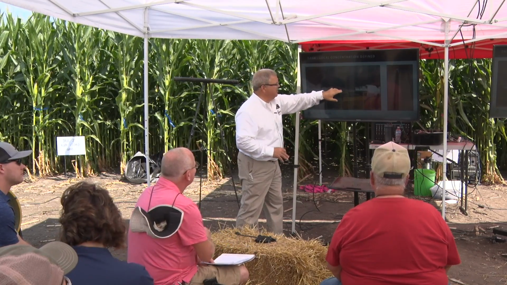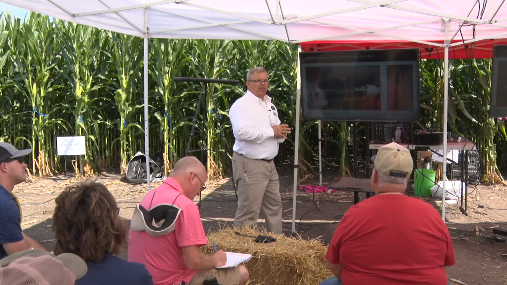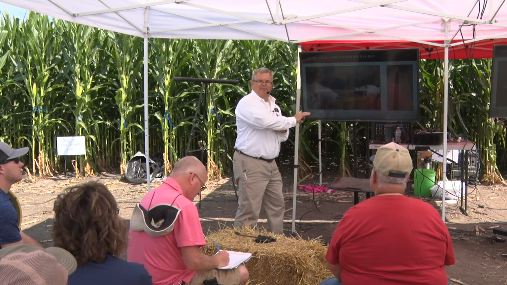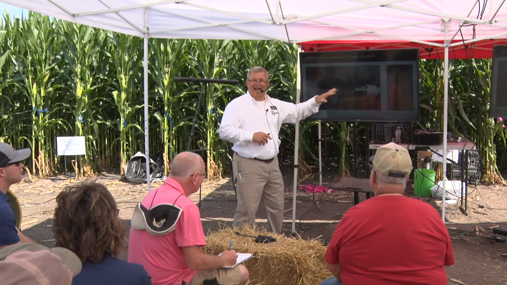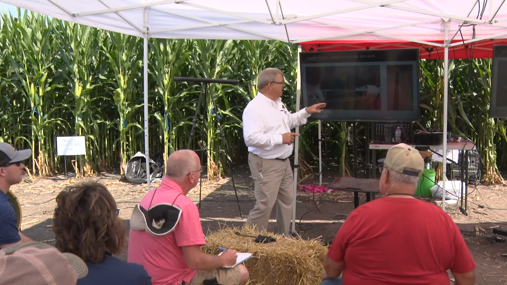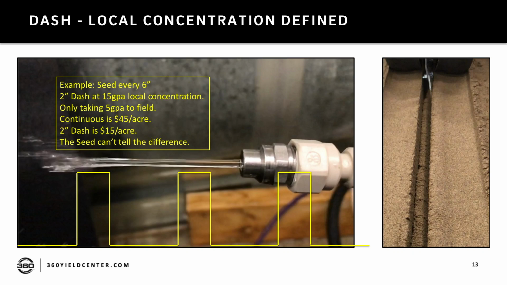When we're turning on the dash for each seed, the flow rate coming out is the same as if we were running continuously. So if we're running 15 gallons an acre at 6 miles an hour, we need a half a gallon a minute. When the dash is on, it's running at that flow rate. All we're doing with the dash valve is turning it off in between every seed. By way of illustration, if we're planting a seed every 6 inches and we're going to put a 2-inch dash, we're going to be putting a local concentration of 15 gallons per acre.